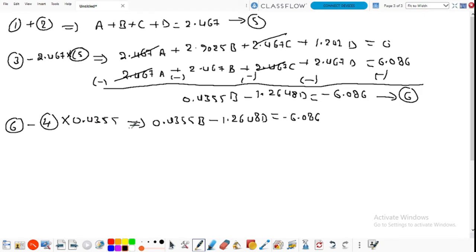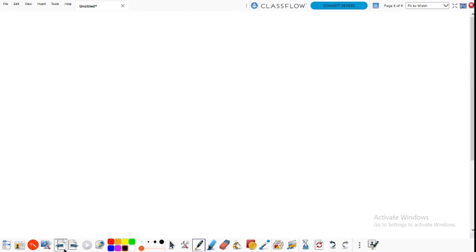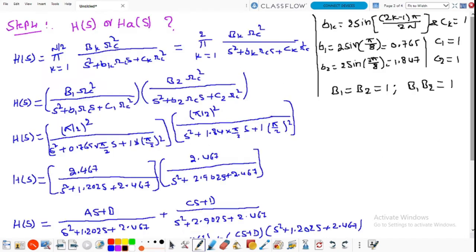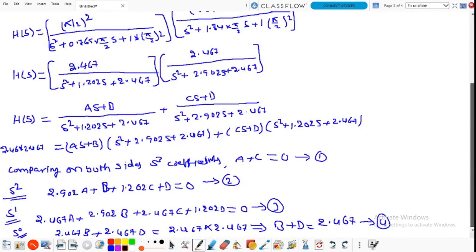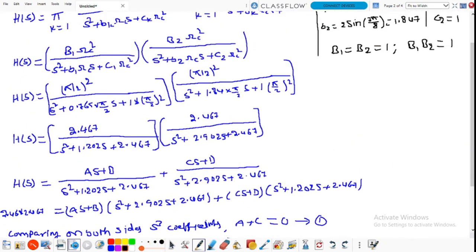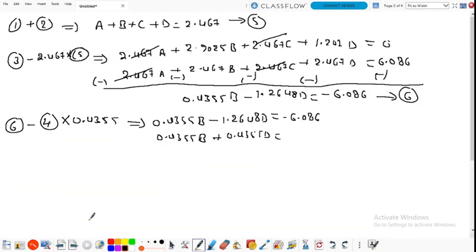Multiplying equation number 4 with 0.4355, we get 0.4355b plus 0.4355d is equal to, and what is the RHS term of equation number 4? The RHS term is 2.467, so 2.467 into 0.4355.